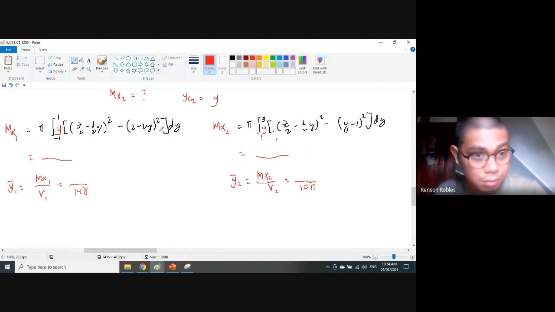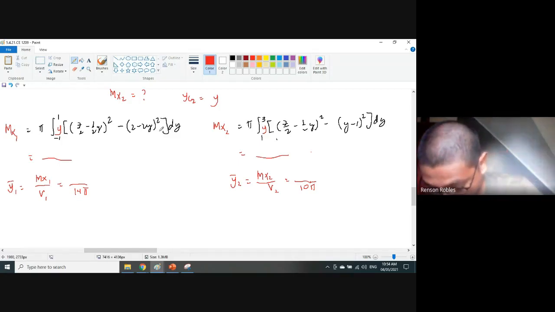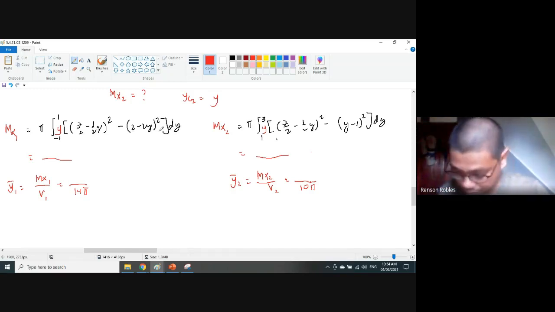Seven over 2 minus 1 half y square minus 2, square, evaluated from -1 to 1.